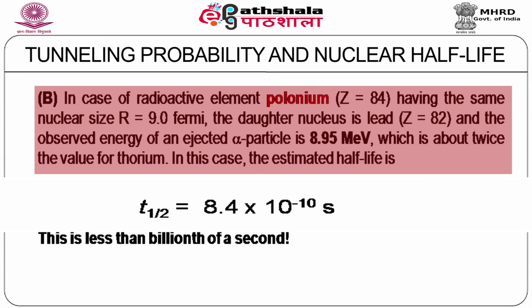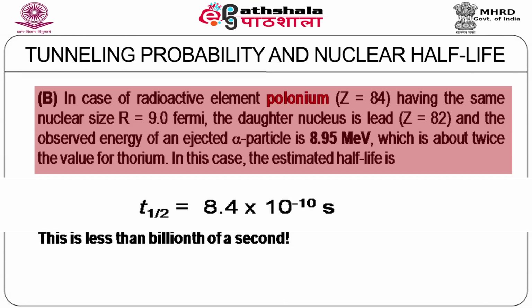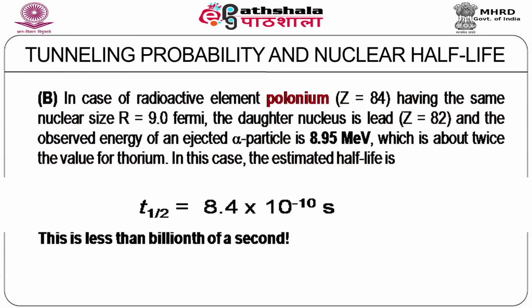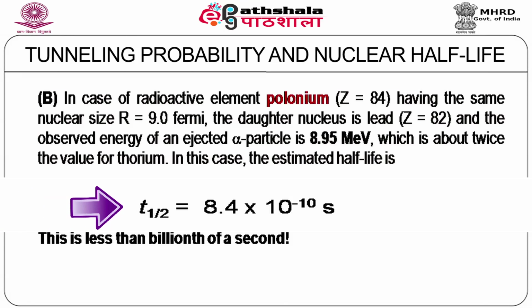So the energy of ejection is about twice in this case. But if you calculate the tunneling probability, estimate lambda by using the Geiger-Nuttall formula, and then finally calculate the half-life, it turns out to be 8.4 times 10 to the power minus 10 second. So this is less than a billionth of a second.